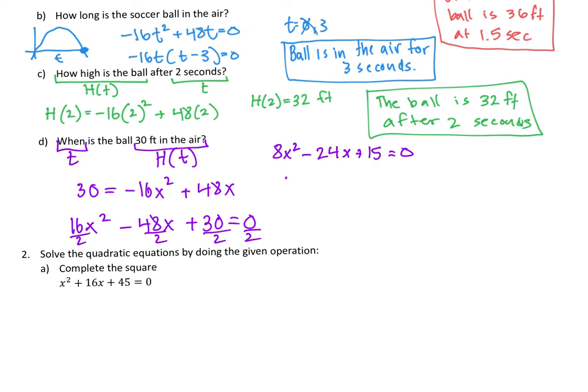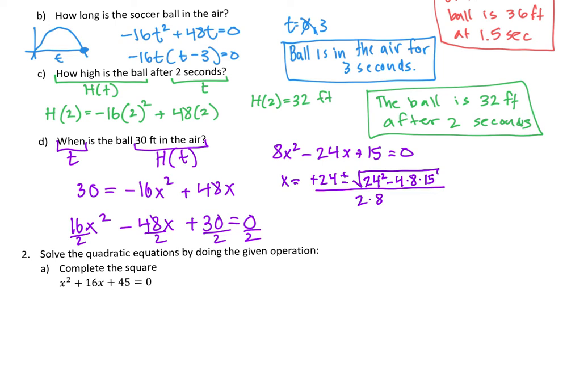So here I have x equals negative b, so that's positive 24, plus or minus the square root of b squared, so 24 squared, minus 4 times the a times the c, all over 2 times my a.